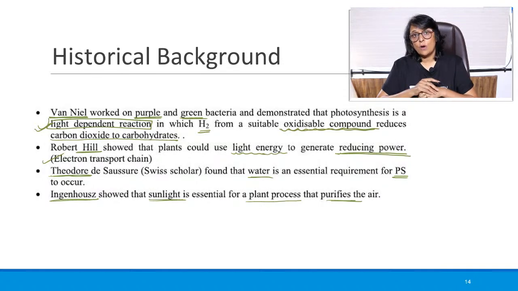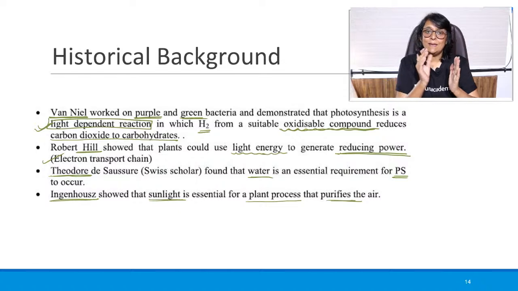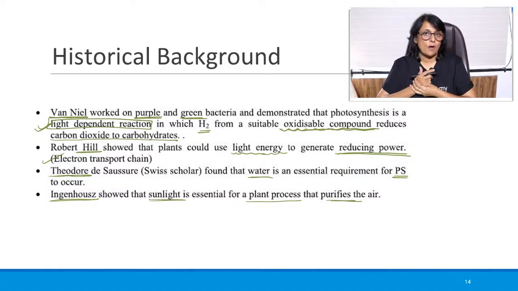Now what was done was, plant and mouse were kept together, and they survived for a longer period of time. The reason was that plants purified the air, or in simple words, now that we have understood the process, plants release oxygen as a result of photosynthesis, which can be used by the mouse.